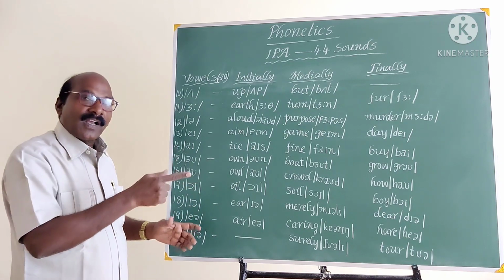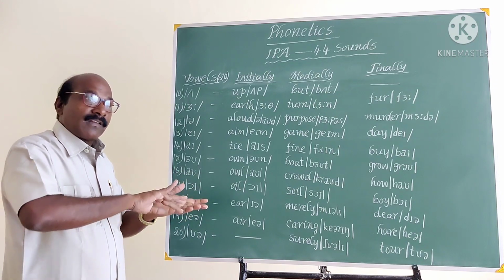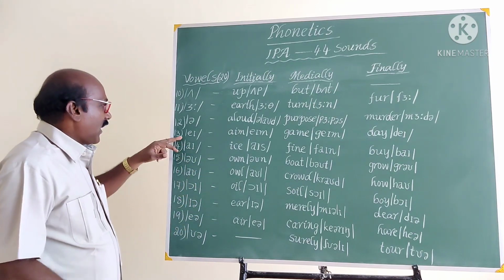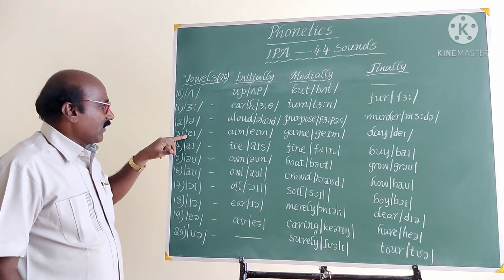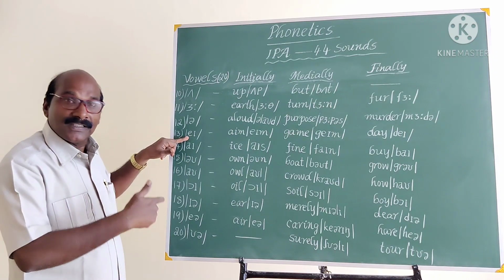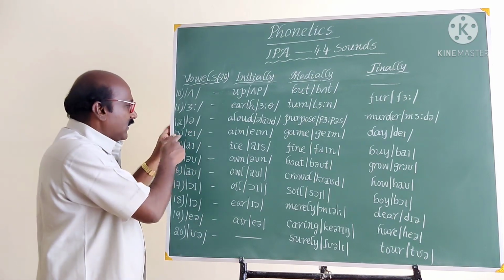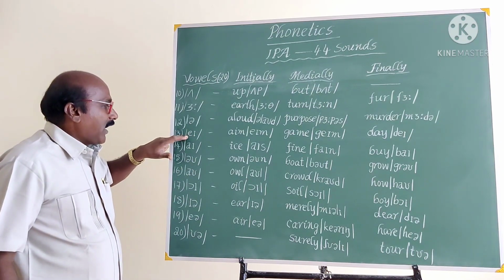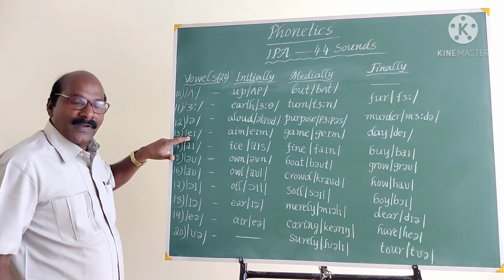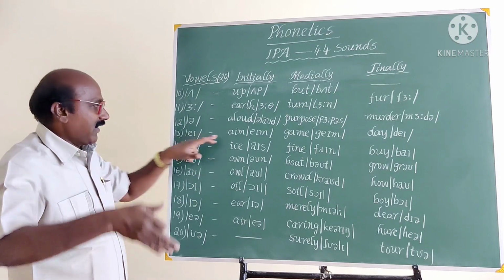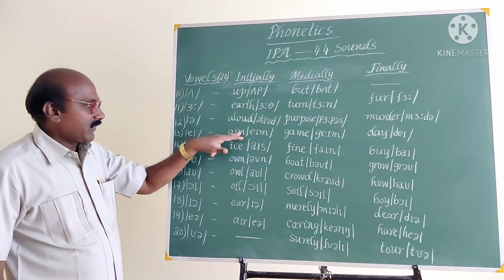The diphthong occurs when one vowel glides from one sound to another sound, as in this one. This is A, and we have already learnt this is E. This diphthong glides from A to E so that it is pronounced as A, as in aim.